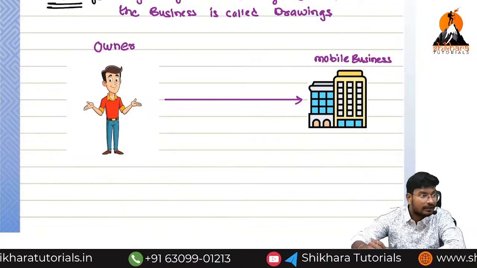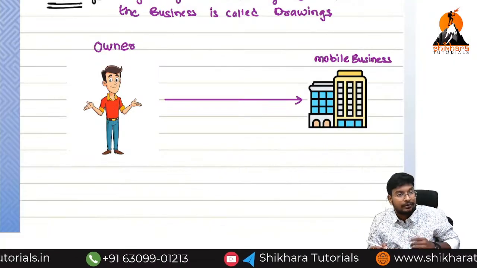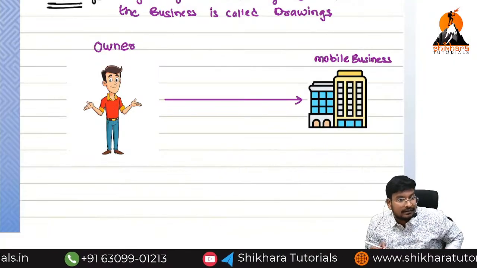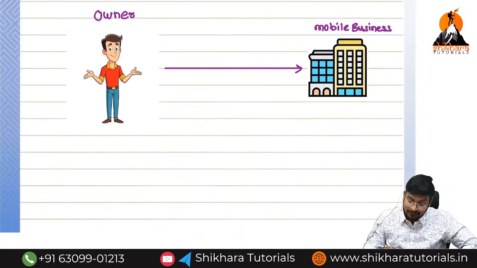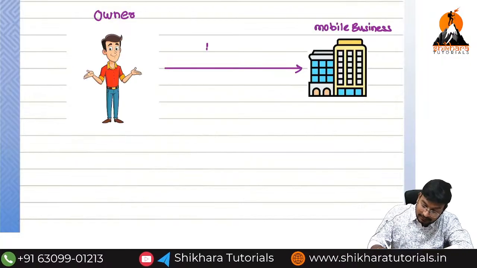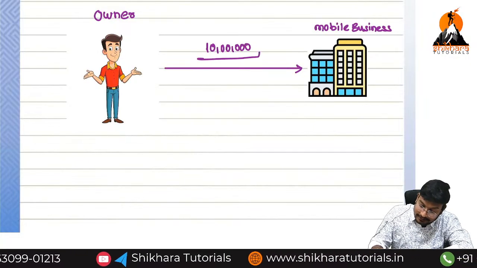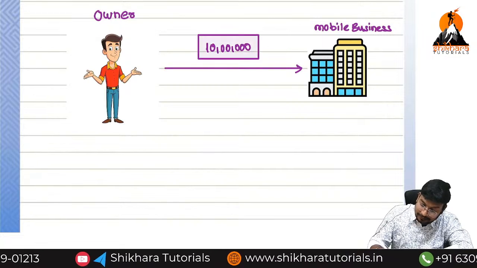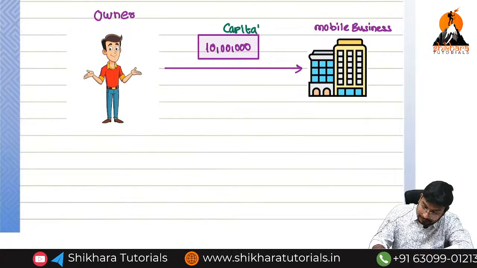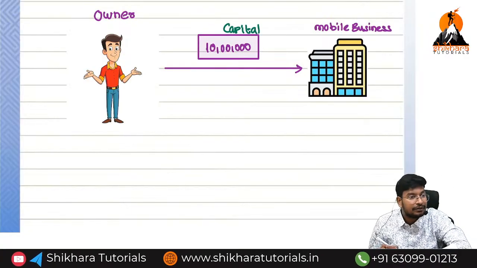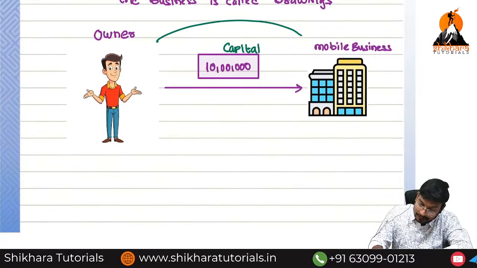Imagine we have started the mobile business. So here what we are going to do, we are purchasing the mobiles and selling them, or either we can manufacture the mobile and sell. In order to start the business, we are making an investment of 10 lakh rupees. This 10 lakhs is called as capital. We already discussed. So that means how much amount do we need to repay to the owner? We need to repay to the owner 10 lakhs.